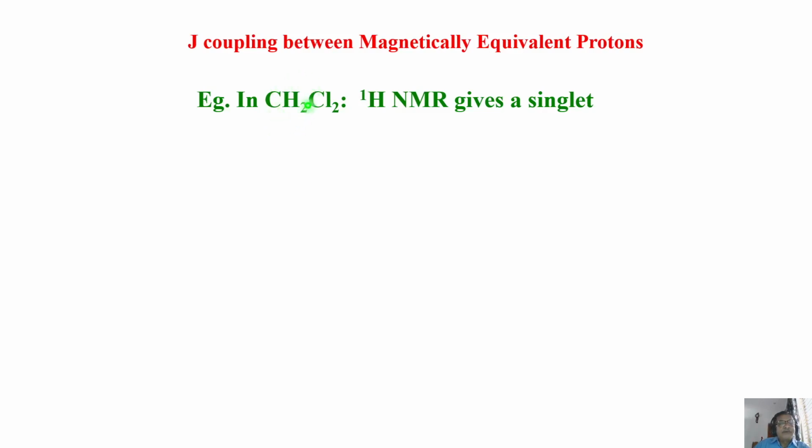Because it is coupled to two protons, carbon-13 has to be a triplet. What does it give me? JCH. But does it give me JHH? No, it does not give me JHH again. So in this case, I can't use carbon-13 either. I cannot even break the symmetry.